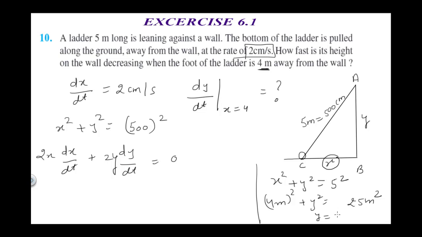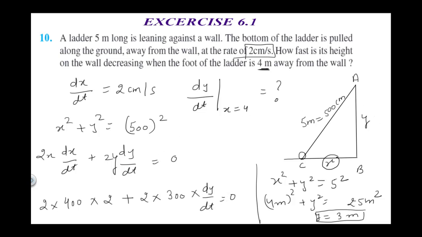When you take the square root, you get just 3. So y is equal to 3 meter, that means 300 centimeter. Put it here. 2 into x, which is 400 centimeters, into dx by dt which is 2, plus 2 into y, which we just calculated as 300 centimeters, into dy by dt equals 0.